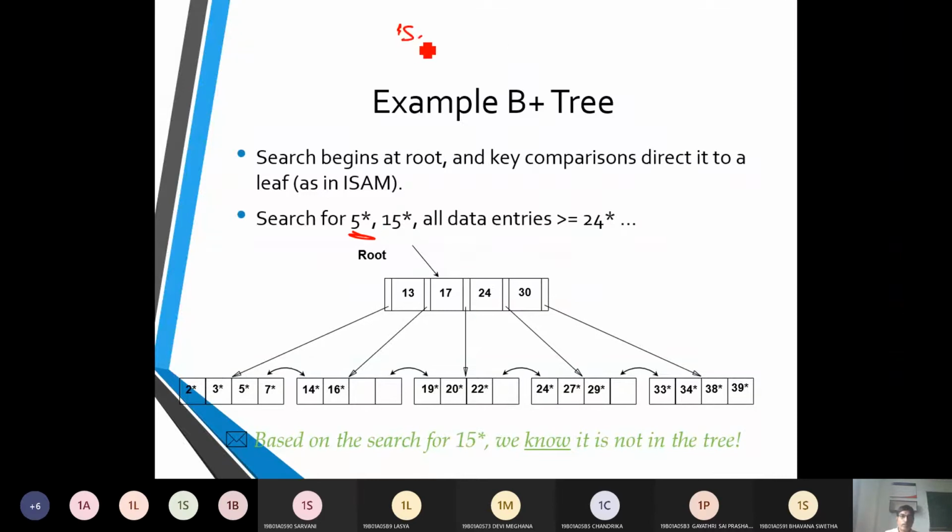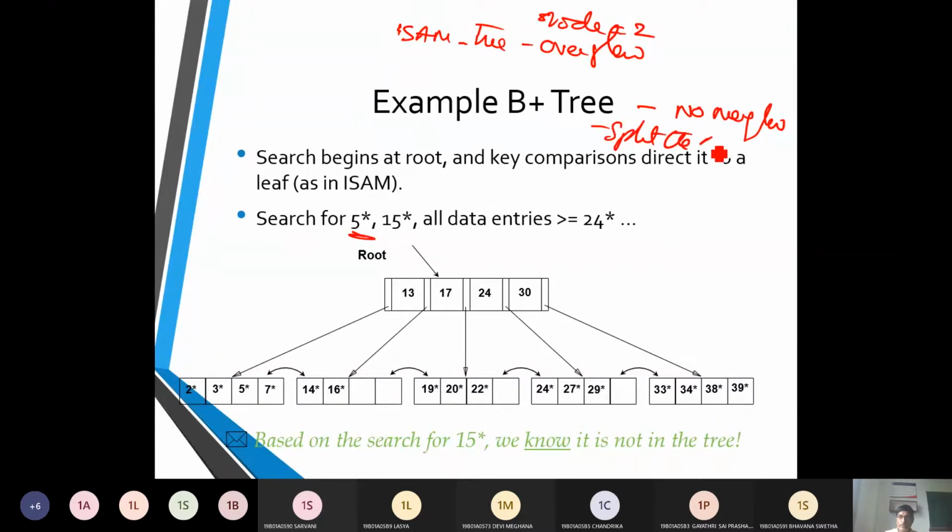In the ISAM tree we have overflow, but in the B plus tree there is no overflow; the node size is 2D, and here we will split the node.